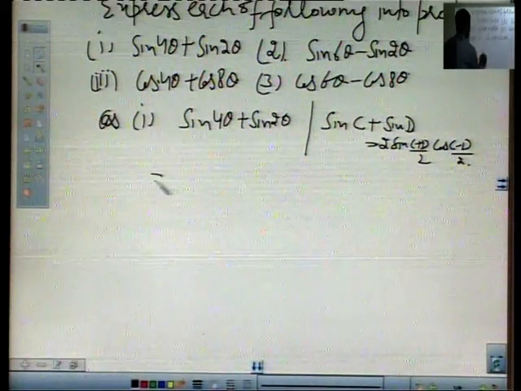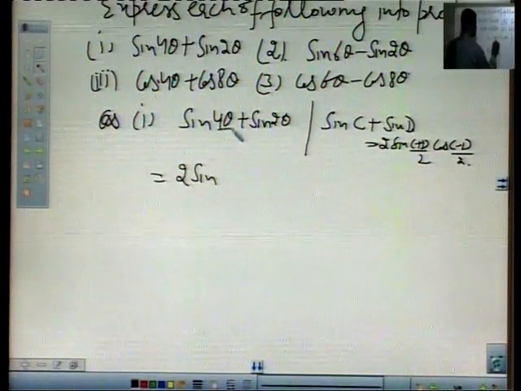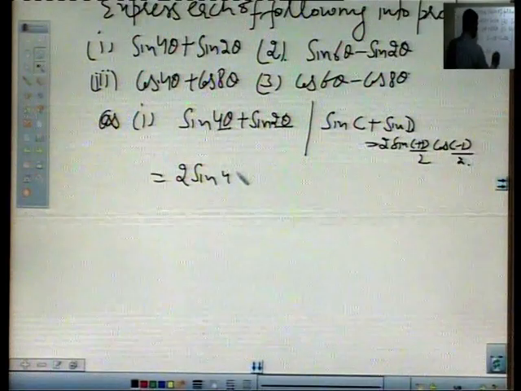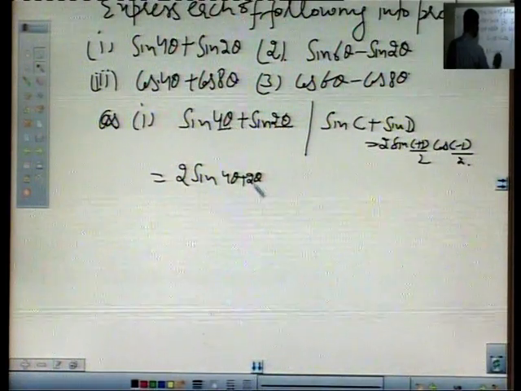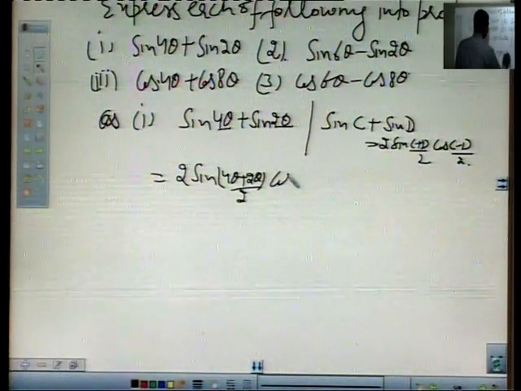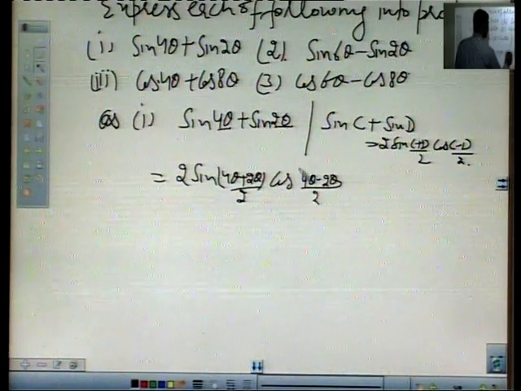So this is 2 sine, C is 4 theta, D is 2 theta. So 4 theta plus 2 theta by 2 and cos 4 theta minus 2 theta by 2.